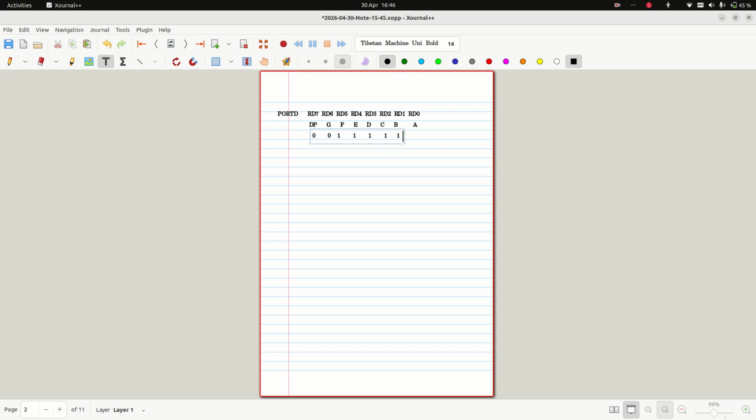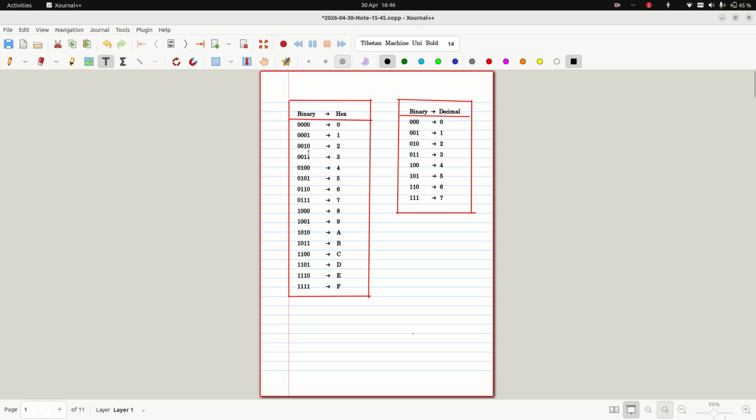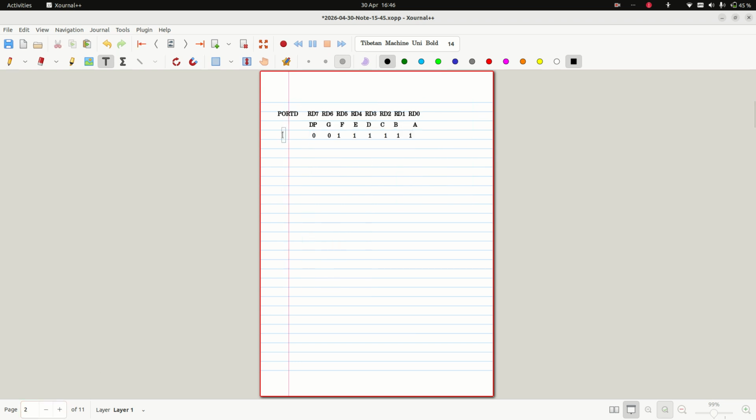D, C, B, A, all should be 1. 0, 0, 1, 1 means 3, right? 1, 1, 1, 1 means F. So here you can see 0, 0, 1, 1 means 3 and 1, 1, 1, 1 means F. So this is 0x3F. So for 0 we need to write 0x3F.